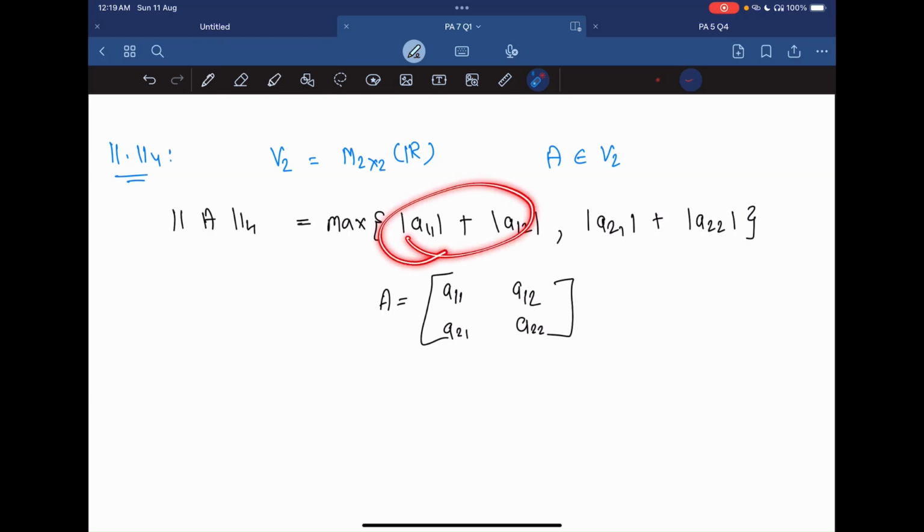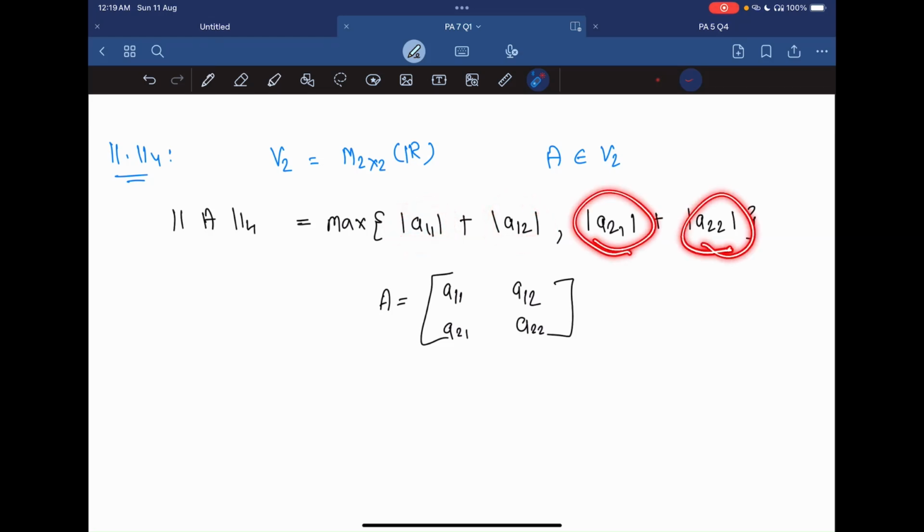For it to be 0, A11 should be 0 and A12 should be 0, and likewise for the other row, so the whole A matrix is the 0 matrix. Only then can this be 0. So the first condition is satisfied.